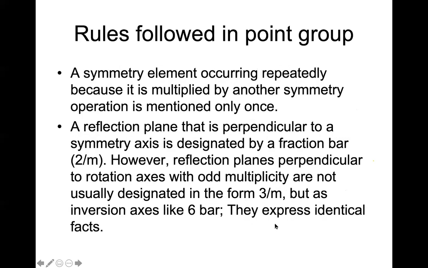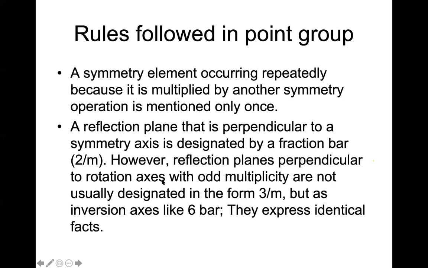Okay. Now, a symmetry element occurring repeatedly, for example in mmm or 2/m 2/m 2/m, because it is multiplied by another symmetry operation, is mentioned only once. A reflection plane that is perpendicular to a symmetry axis is designated by a fraction bar, 2 over m.